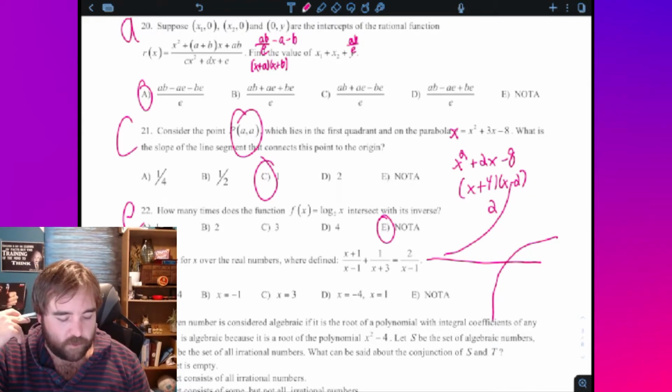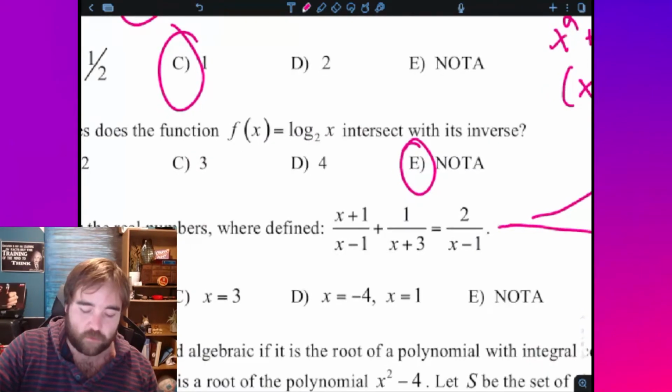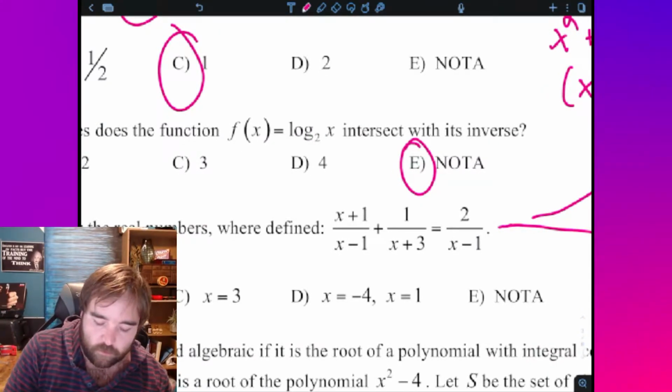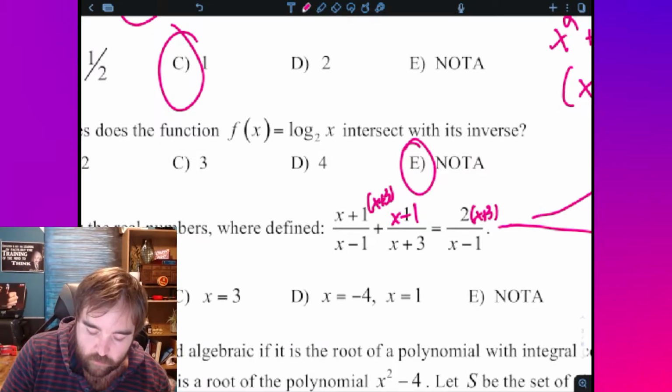Alright. Solve for x over the real numbers. So I just got to multiply everything to get rid of the denominators. I'm going to multiply that by x plus 3, that by x minus 1, and that by x plus 3. And that gets rid of everything.